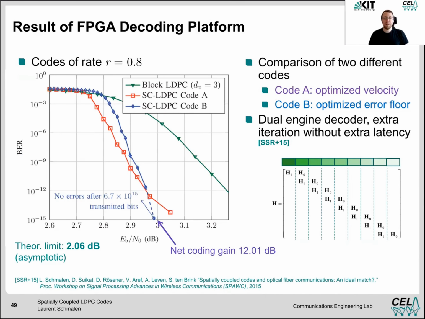And we actually see that the error rates behave quite nicely. We could get a gain of 0.4 dB compared to a conventional LDPC code at a bit error rate of 10 to the power minus 15.